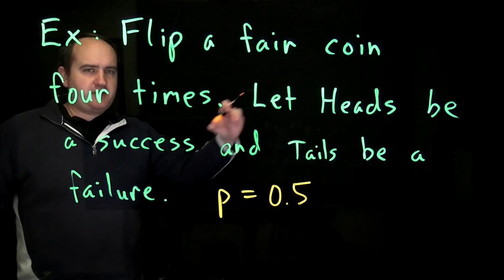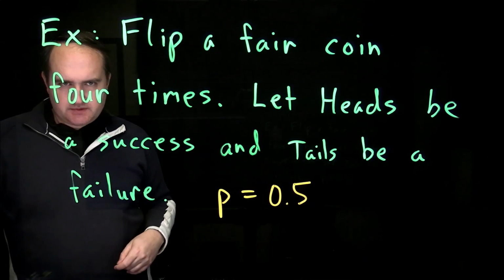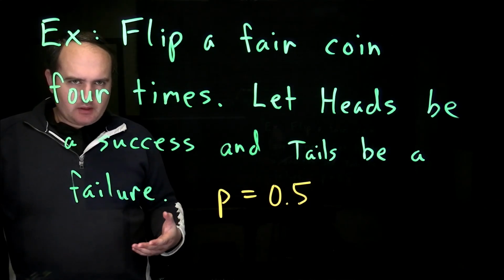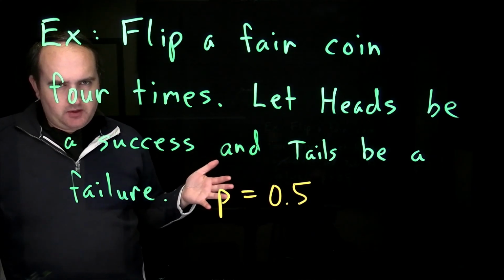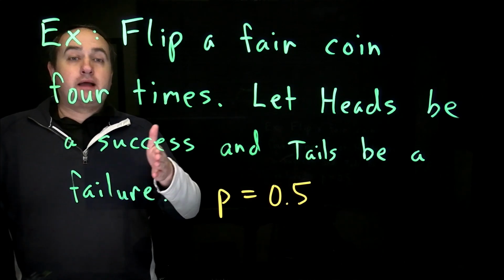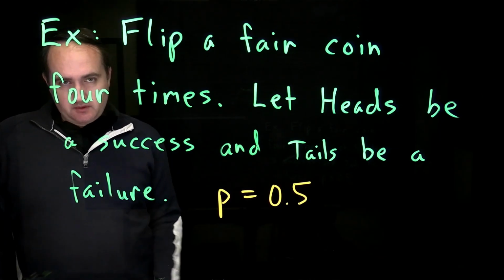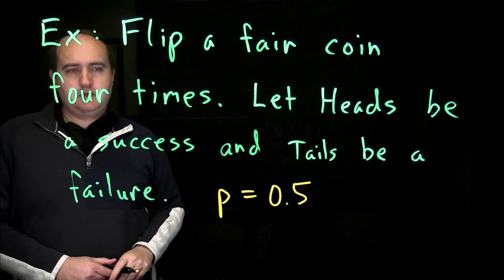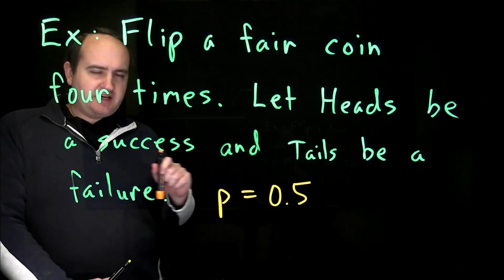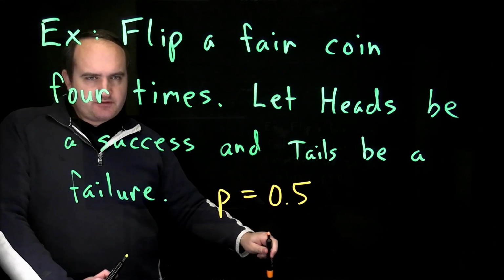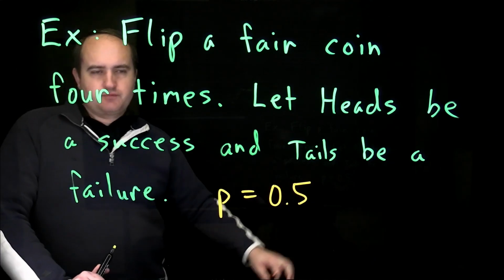Okay, and because it's a fair coin, we're flipping it 4 times, but each time we flip it, it doesn't affect the chances of the other times we flip it. So each trial is independent. Okay, there are 4 trials. Each trial is independent. The chance of success, or the chance of heads on each trial, is 50% or 0.5.